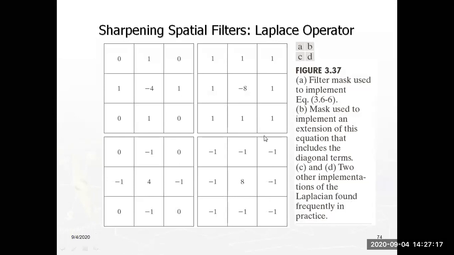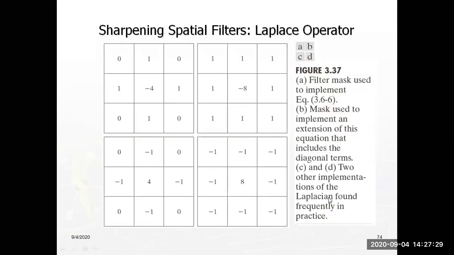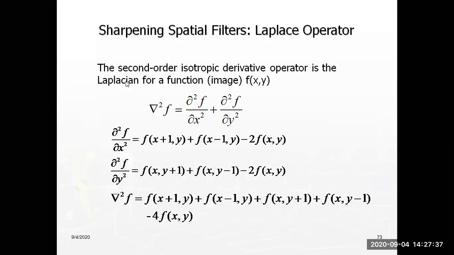Based on changing values of either coordinate x or y, we can form four sharpening masks. The first one, A, is the filter mask used to implement the previous equation, which is equation 3.6-6 in your textbook. The first one is directly implemented.